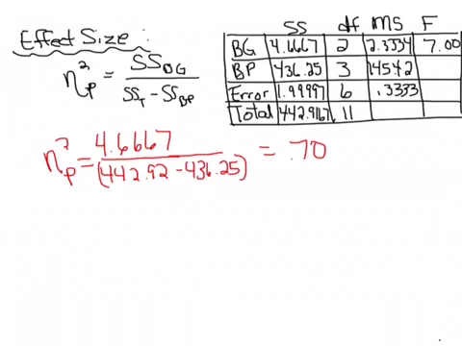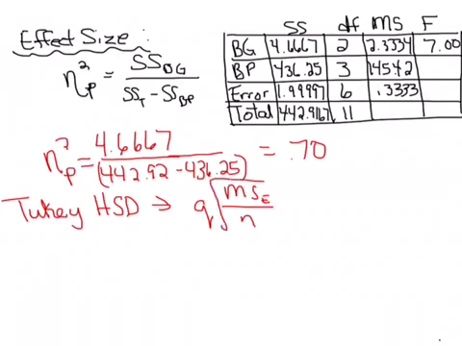We also need to get our post hoc tests because we found significance. So we're going to use Tukey's HSD, which is Q times the square root of the mean square error over N. Now to get Q, we need to find our critical value in the studentized range statistic.